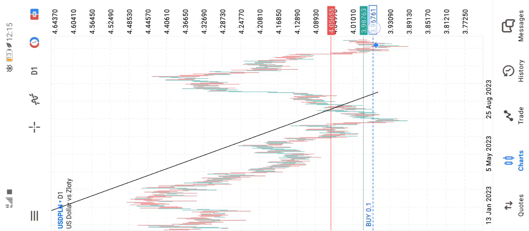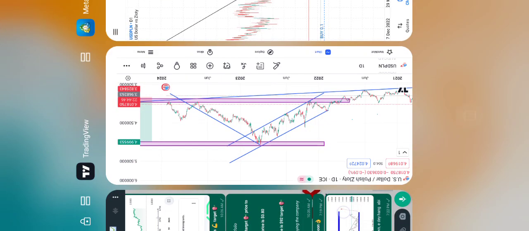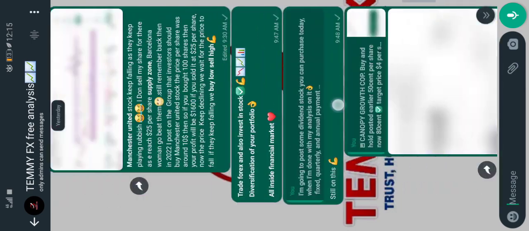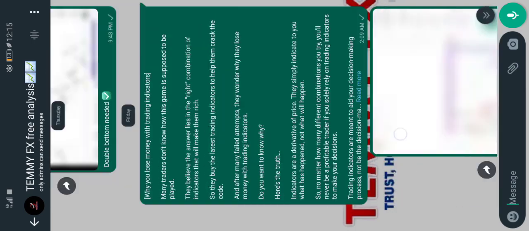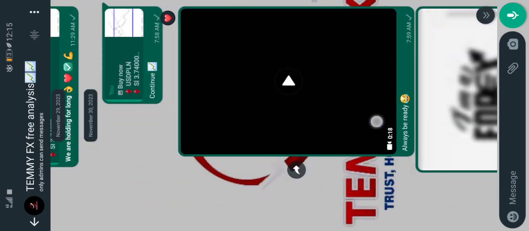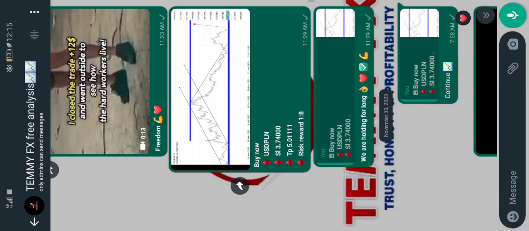I've also posted it on my WhatsApp group for them to enter the trade. I posted the trade November 29 on the group for them to take the entry.